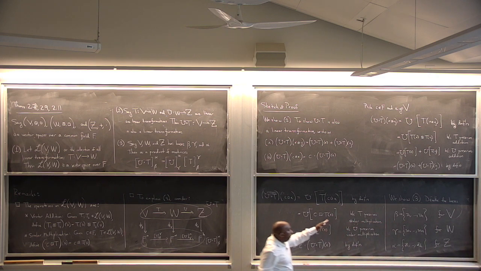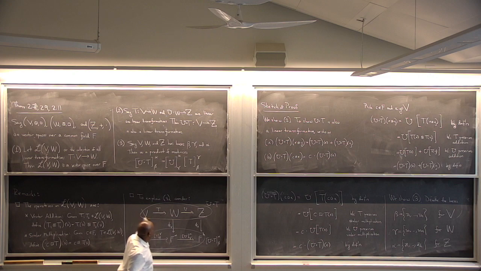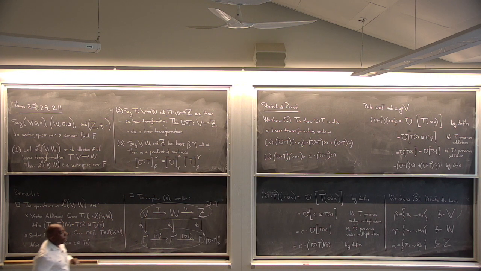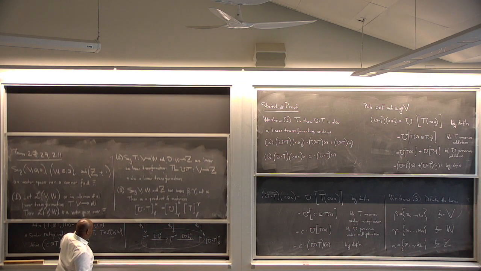So again, here I'm just going to fix my bases for V, W, and Z. Now remember, the way that we work out these matrices is we have to see how we express the new bases in terms of the old bases. So it's a matter of just staring very carefully at all the coefficients and matching everything up. And that's what we're going to do.